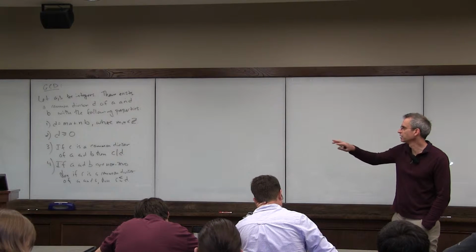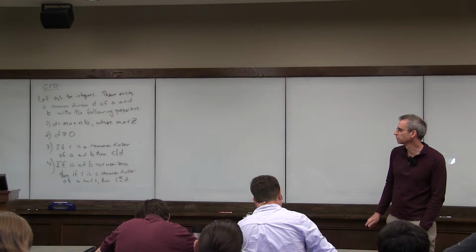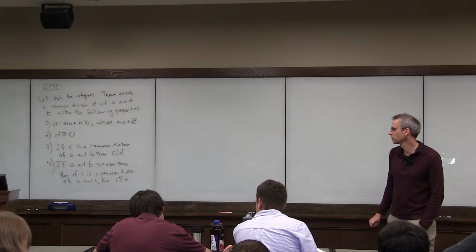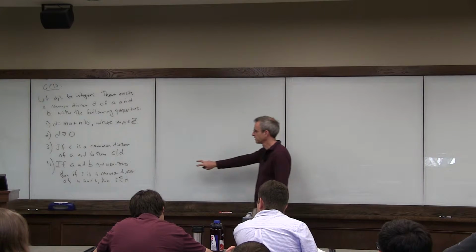And often this is stated with just assuming A and B aren't 0 to begin with, but we might as well throw it in there, but we have to be careful with the last statement.